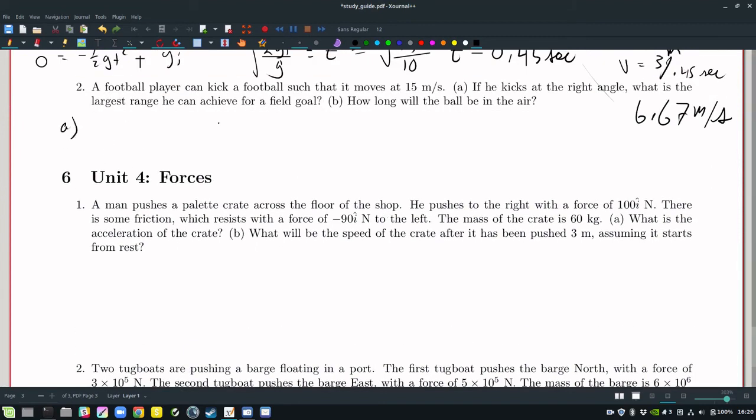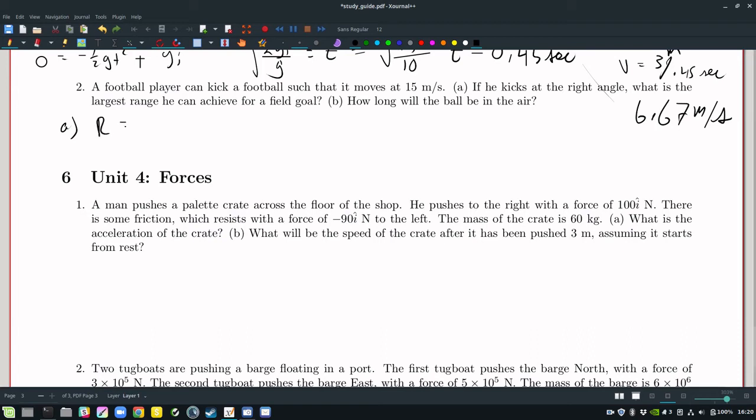So the proper angle for maximum distance in this case would be 45 degrees. The formula has sine 2 theta in it, so 2 times 45 is 90. Sine of 90 is 1. That's the highest sine ever gets. What's the largest range then?